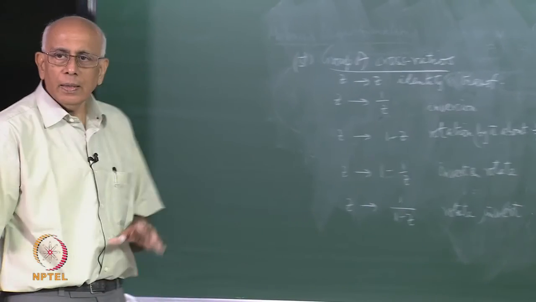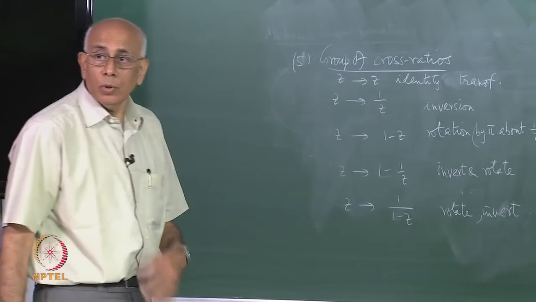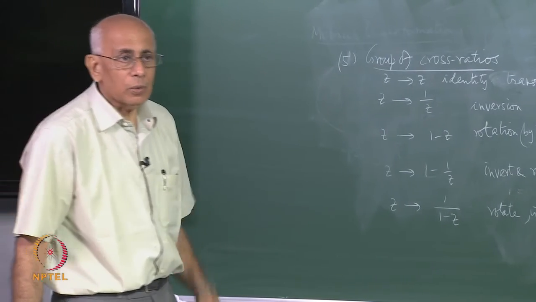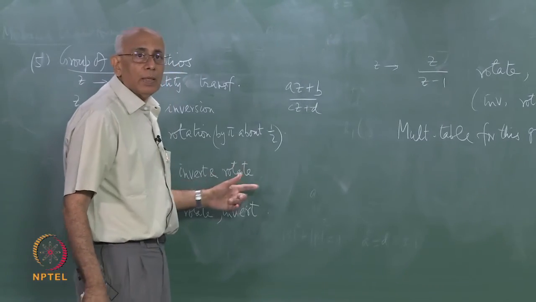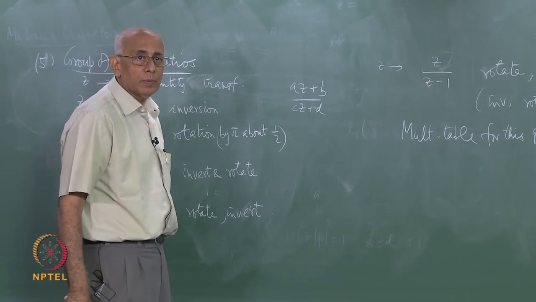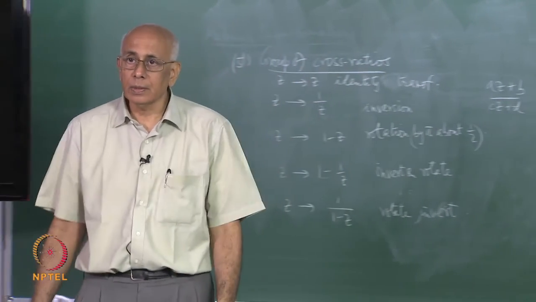Is this an abelian group? Do these fellows commute with each other? Certainly not. You can see that they produce different results if you do it in different orders. So it is not an abelian group, it is not altogether a trivial group. It is a group of order 6, it has a lot of interesting properties, etc.